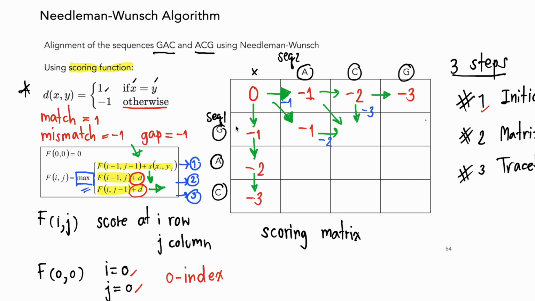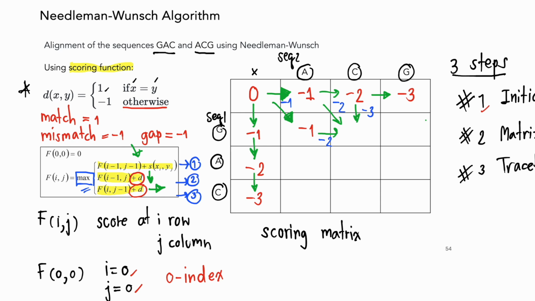And you can see here, from the diagonal, we have to consider the nucleotide sequence. G and C is mismatched, right? So we have to add -1 plus -1 mismatch, which will be -2. So you can see that the maximum value is -2 that comes from the diagonal cell and from the left cell.